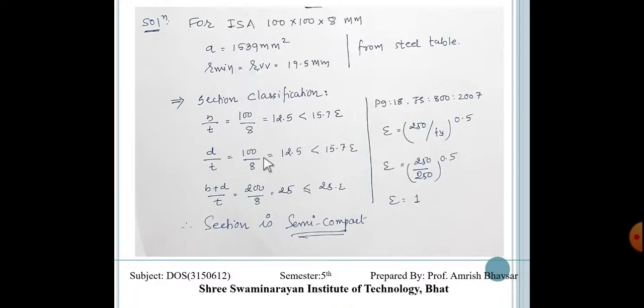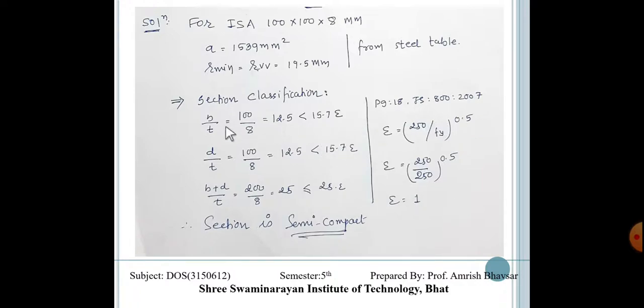Now section classification, which is given on page number 18 and 19 in IS 800:2007. In that case, we have to take the angle section. The equations given are B upon T, D upon T and B plus D upon T, and these values must be less than the given values in the table.